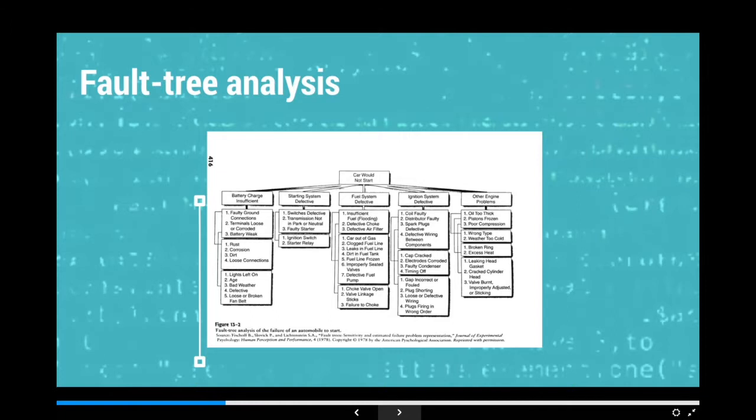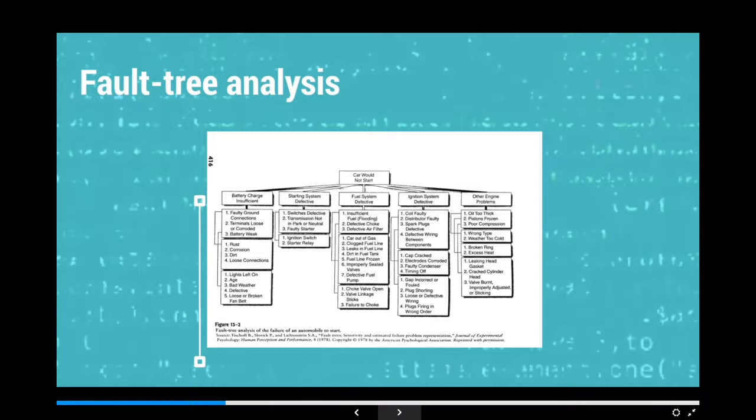This figure illustrates a fault tree for analyzing the possible causes of why a car would not start. For example, a good mechanic would, more than likely, already be aware of all of the possible reasons why a car will not start. The mechanic would then construct a fault tree as illustrated in the figure, checking each subsystem as a possible cause of why the car will not start.